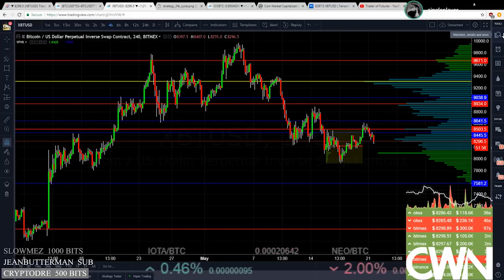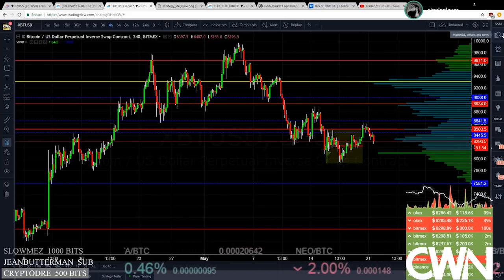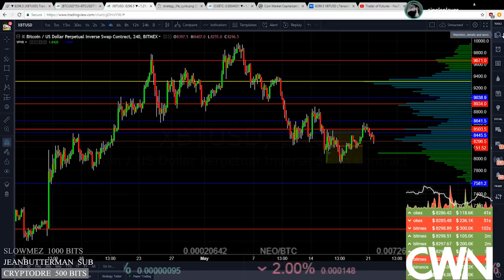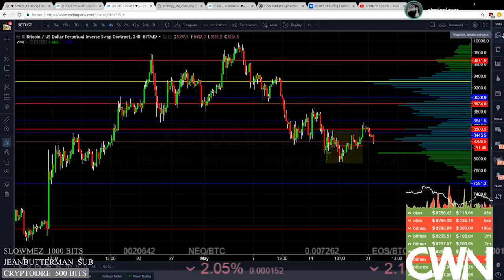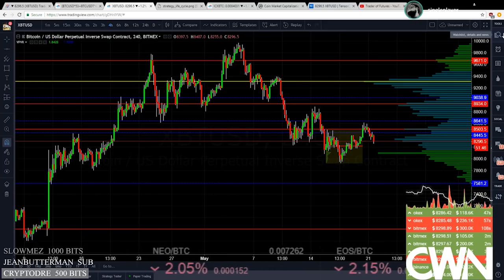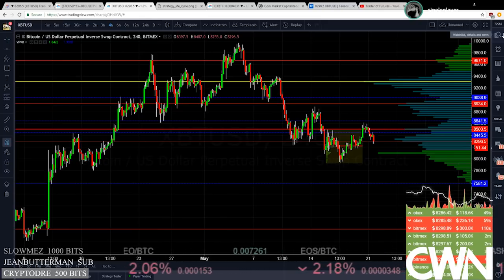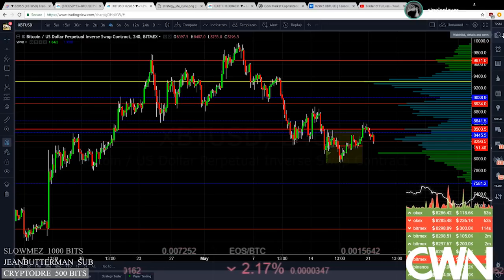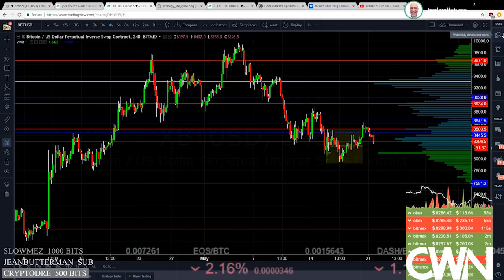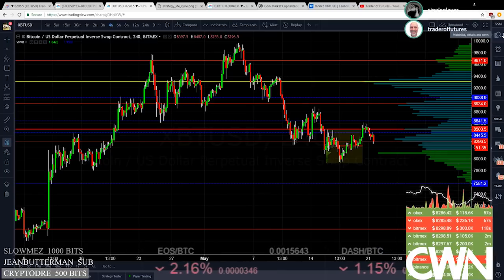I feel like it's losing steam, but we're getting a little close to June 12th. And I feel like maybe I'll close my long then and see how that plays out if that becomes a local top. So it's an interesting little project. I don't know if I'm developing a strategy from it, but it's just an interesting correlation that I think is really just circumstance. But it's probably another buy the rumor, sell the news type of thing.